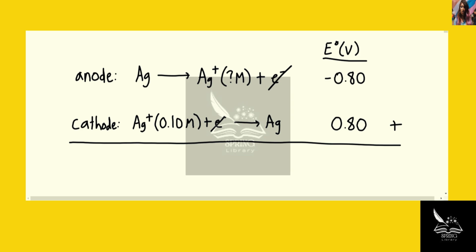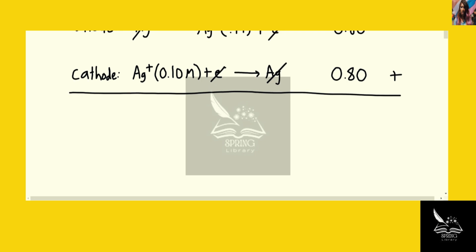So when we add them together, we see that the one electron cancels on each side and solid silver cancels on each side. So our overall reaction is Ag+, which is at a concentration of 0.10 molar, going to Ag+ at an unknown concentration that we need to determine in part A.